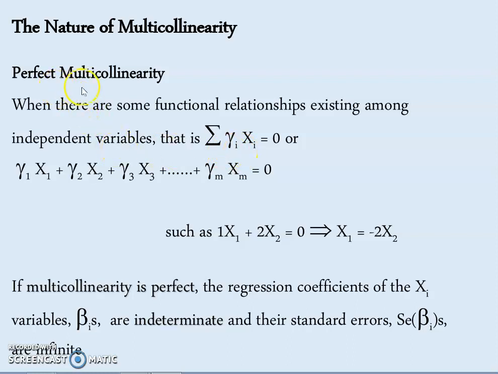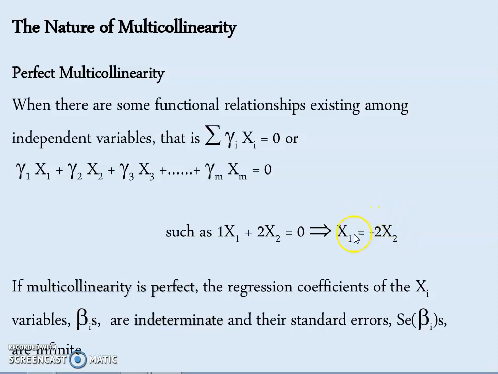Perfect multicollinearity means that some functional relationships exist among the independent variables. Suppose x1 equals minus 2x2. Once we have x2, we will straight away know x1.